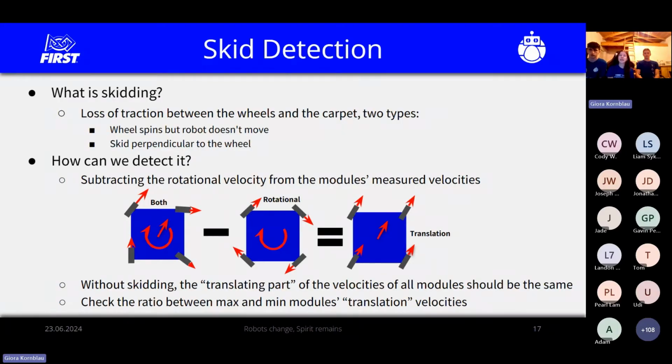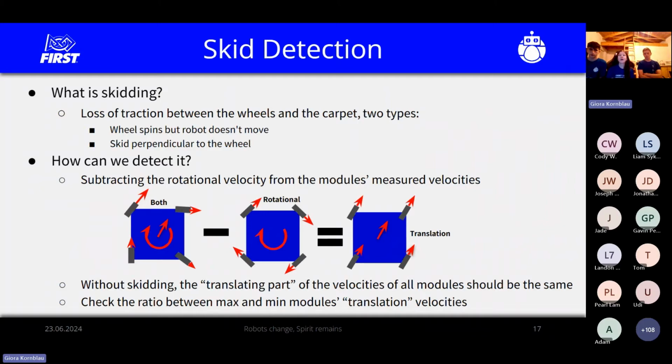Without skidding, the translation parts of all the modules should be the same because the robot is moving in one piece. But if they're not the same, then either we're skidding or the robot is trying to expand itself, which of course isn't a situation that happens.